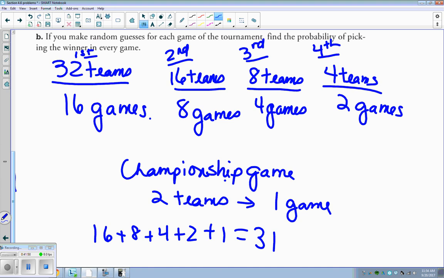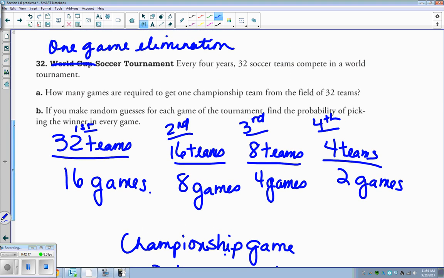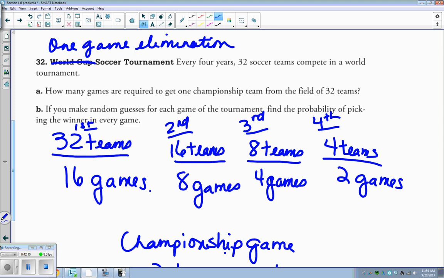Okay, so the problem, the B is 1 out of 30. Well, that's a good question. We haven't got to B yet. Do you agree that now that I changed the title, there's 31 different games, right? And in part B, it says, if you make a random guess for each game, how many games are there? 31.